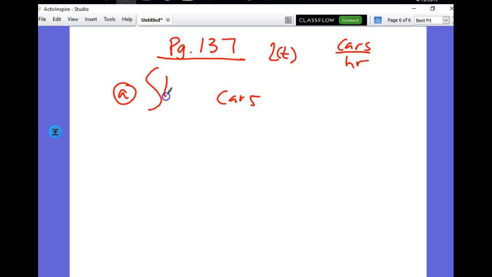So that must mean I'm integrating. Now, the problem could be more complicated. I'm not looking at the details. But we do know for certain that we're integrating something here, because we're going from cars per hour to cars. So as you guys can see, just knowing the units can also be a nice hint and clue into the process you need to execute to get the answer.